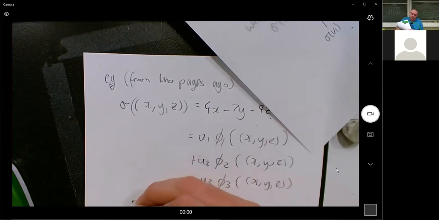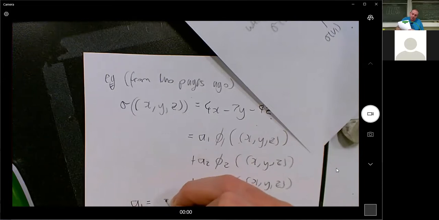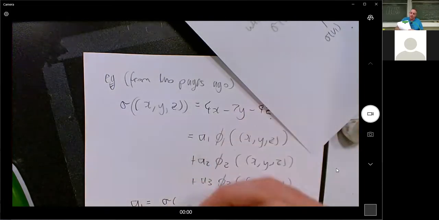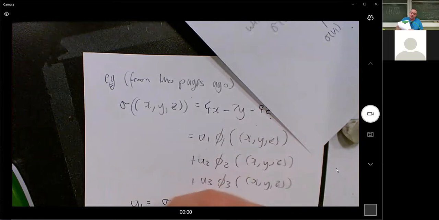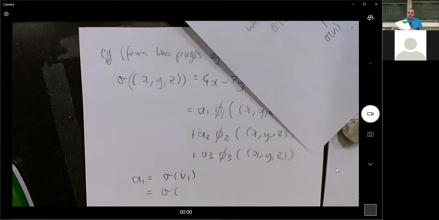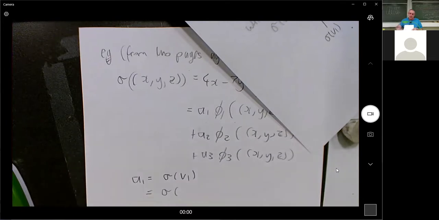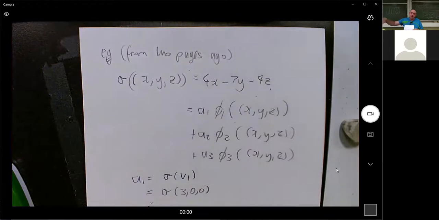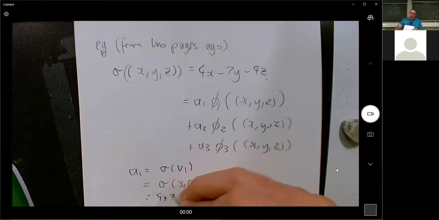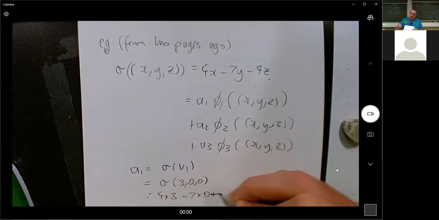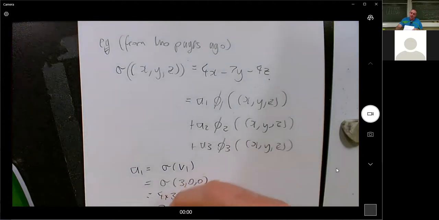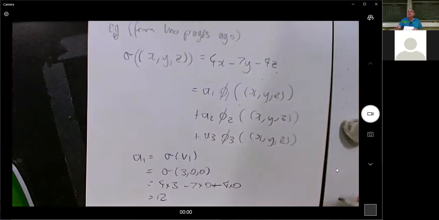So the correct coefficient in this spot will be sigma of the first basis vector, which was 3, 0, 0. That's 4 times 3 minus 7 times 0 minus 4 times 0, which is 12. And so that's the correct number in that spot.